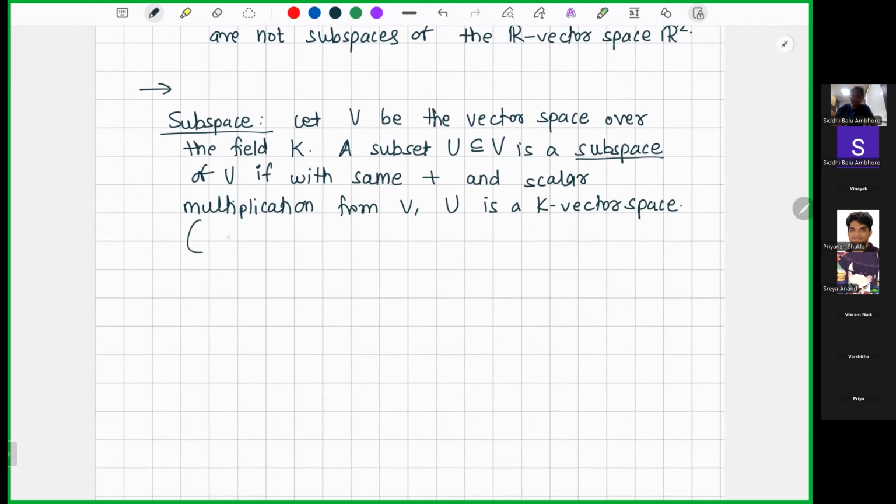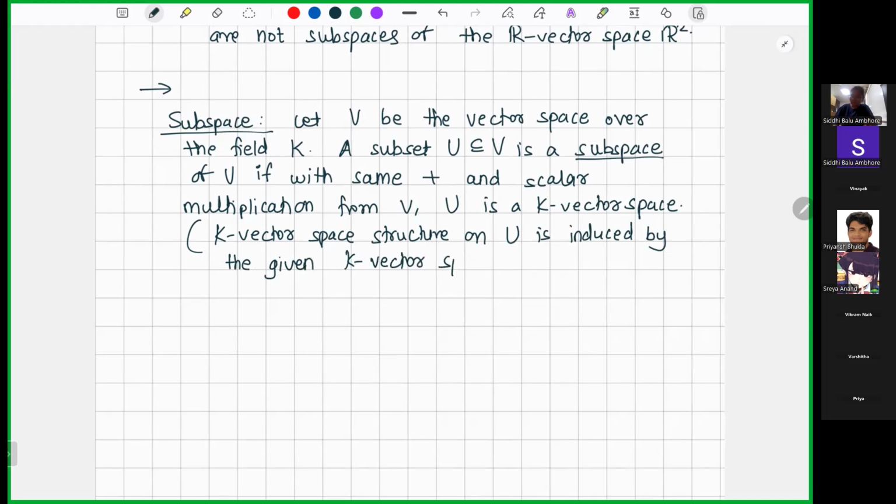And the K vector space structure on U is induced by the given K vector space structure of V. So we know that when we say a particular set is a vector space over K, there are a few properties apart from the addition and scalar multiplication being closed operations.